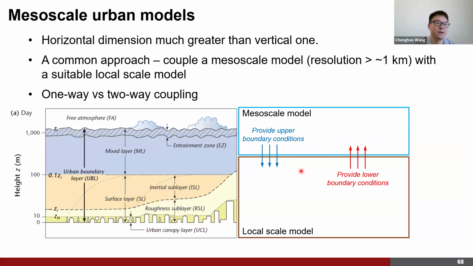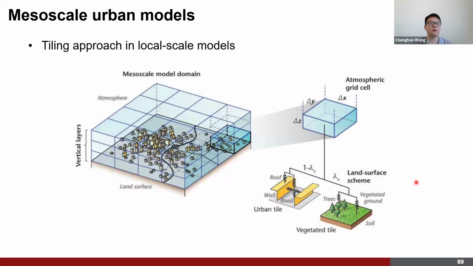But sometimes, if you want to speed up the calculation, you might turn off the feedback from local scale to mesoscale. You just consider this one-way coupling. But the one I'm showing here is two-way coupling. Another characteristic of mesoscale models is the tiling approach, because the numerical cell is often very coarse, right?